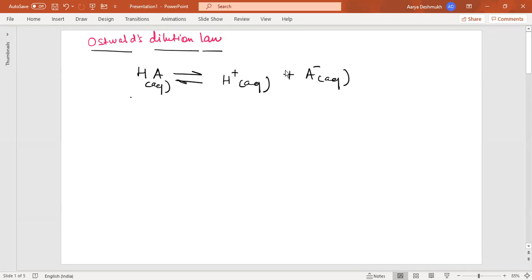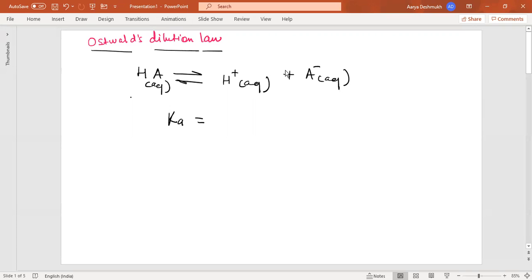So HA is the undissociated and partly dissociated acid, and H plus and A minus ions are formed. For this, you can write Ka. What is this Ka? Ka is nothing but the dissociation constant of the acid.